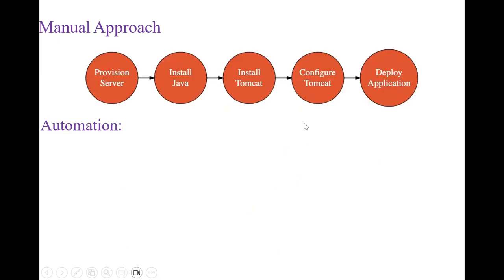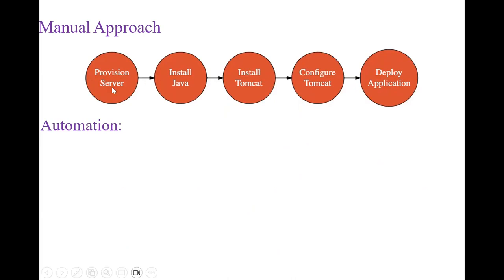But how do you go ahead? In this manual approach, there are some important stages. Suppose you are going to deploy an application. First you need to have the virtual machine, the server. Then we need the platform.